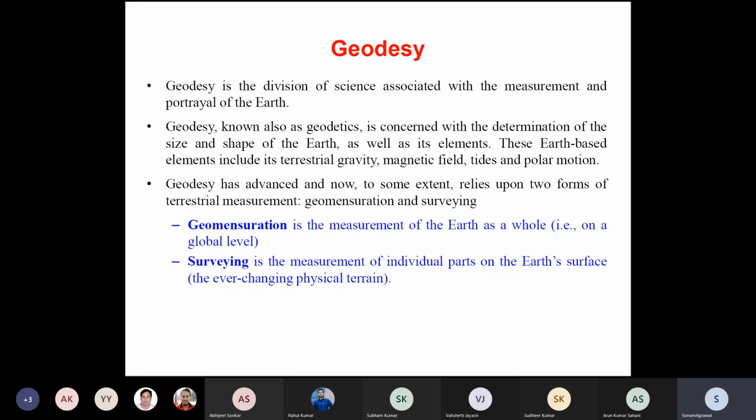The estimation of the shape of the earth has a very long history, and for several years the scientists and scholars have been trying to give the shape of the earth. In ancient Greece, if you have learned in your history subject, there is Homer, Pythagoras, Plato. All these people tried to give the shape of the earth.